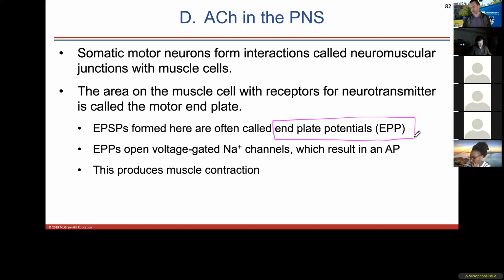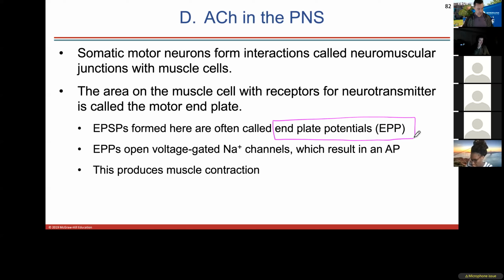It's just like an EPSP that we've been talking about within the nervous system, from one nerve to the next nerve. It just happens to happen on a muscle. So we give it a slightly different name because that's what anatomists and physiologists do. You have to name everything differently. But the same jazz is happening here.